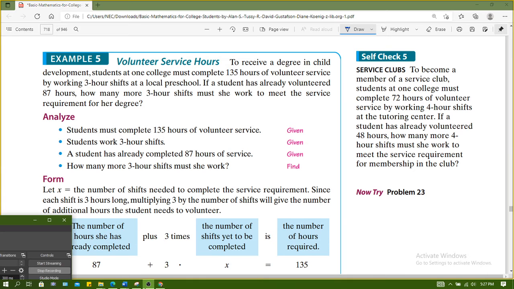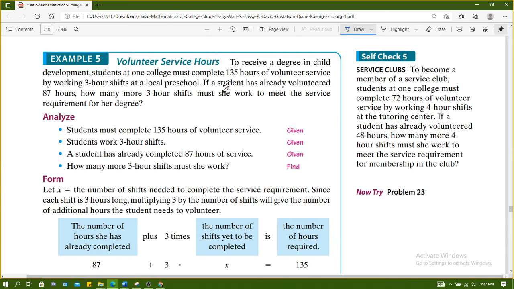If a student has already volunteered 87 hours, how many more 3-hour shifts must she work to meet the service requirement for her degree? So, to analyze, students must complete 135 hours of volunteer service. Students work 3-hour shifts. A student has already completed 87 hours of service. And how many more 3-hour shifts must she work?